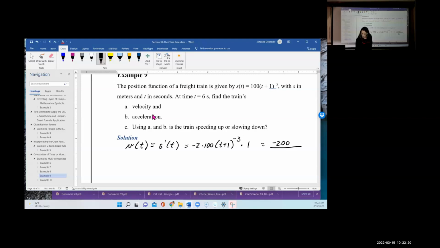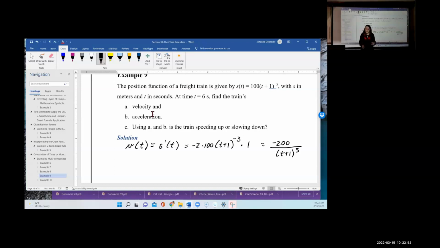And then I can drop the t plus 1 to the third to the denominator. Notice that the negative 200 stays in the numerator because the power on it is 1. It is not negative 3, it's 1. Yes, it's multiplied by that expression raised to the negative 3 power, but it's not a part of it. And it has its own power. The power on negative 2 is 1, the power on 100 is 1. So they stay in the numerator.